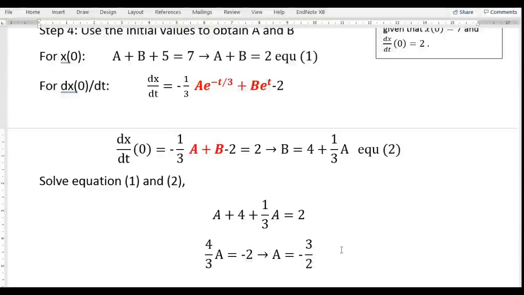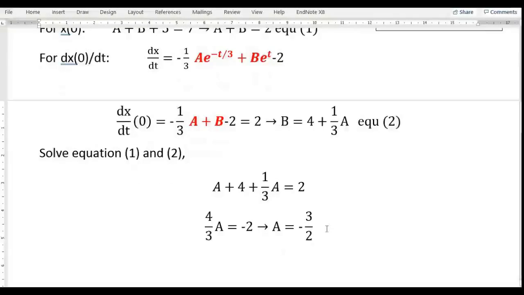Once we have obtained the value of a, then we can get the value of b. So we substitute this inside equation 2.